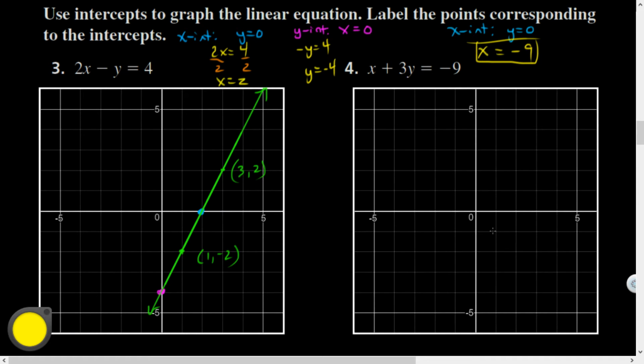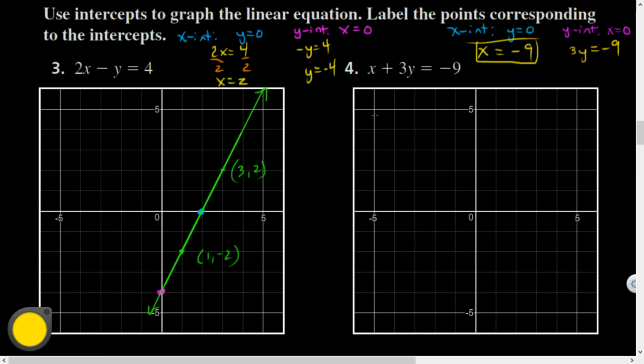Man, you got to go back and fix that now, friend. That's all right, we'll fix it. And then the y-intercept. Let's see, Pooja, what would I plug in and where? 0 for who? Yeah, 0 in for x, so this time I'd have 0 plus 3y equals negative 9, or just 3y equals negative 9.